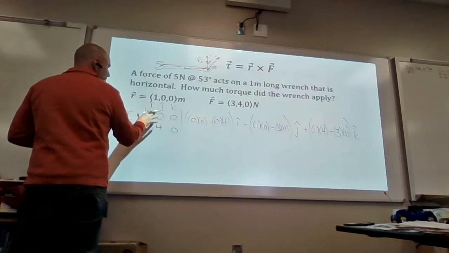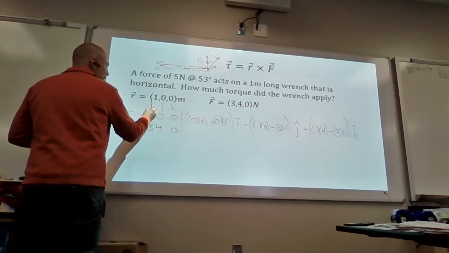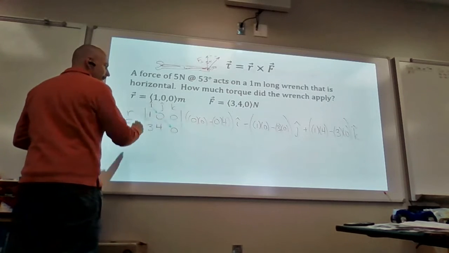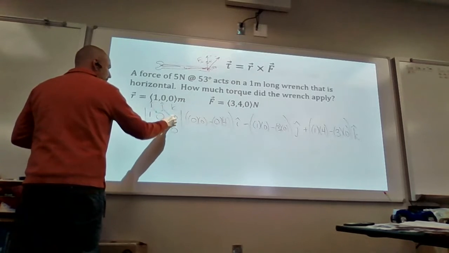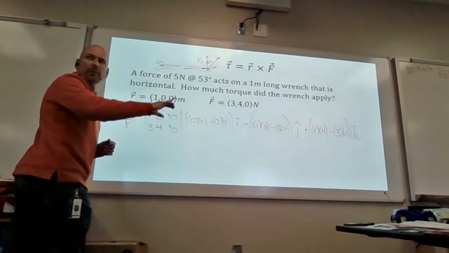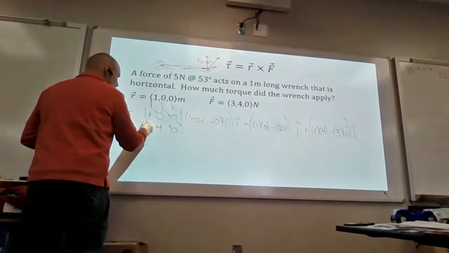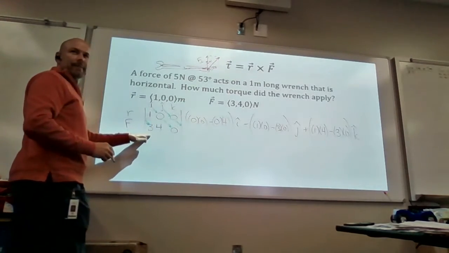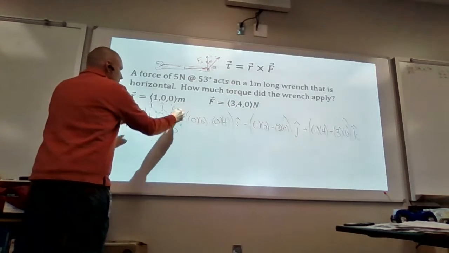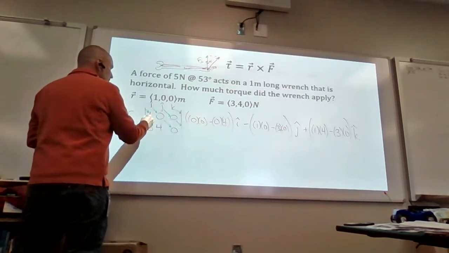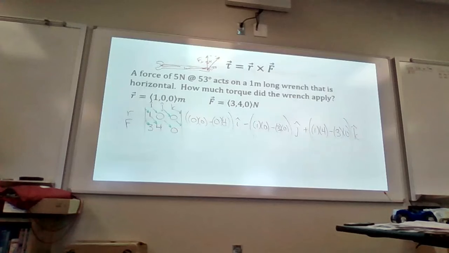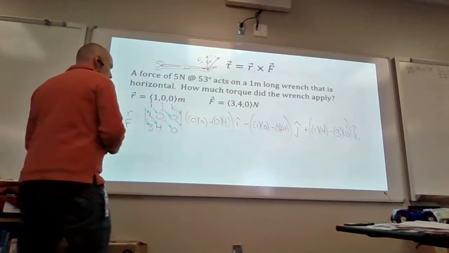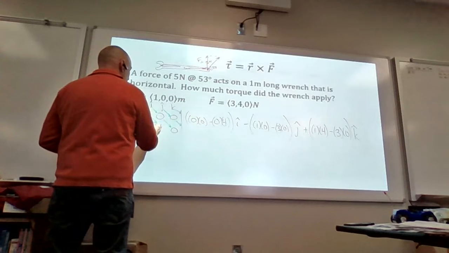You write up this 3x3 matrix, and you go I times 0 times 0 plus J times 0, and then you do like Pac-Man, you go through the wall, times 3. K times, goes through the wall, 1 times 4. Okay, minus all of this. You go the other way.